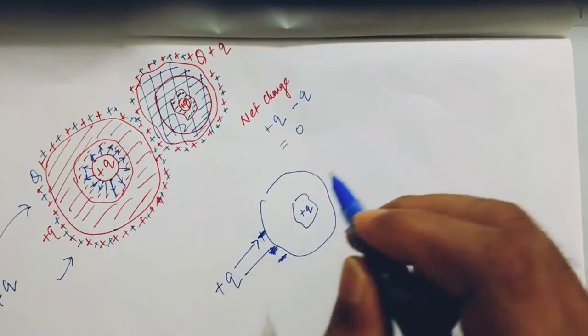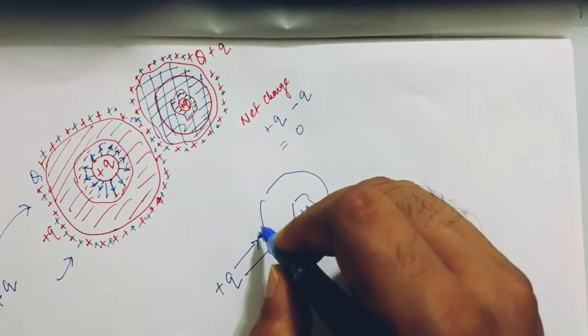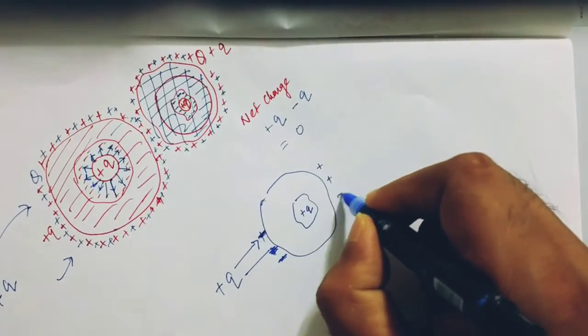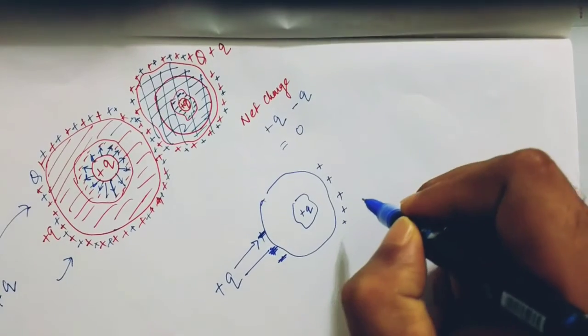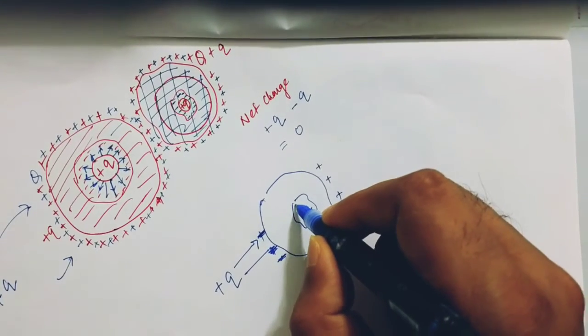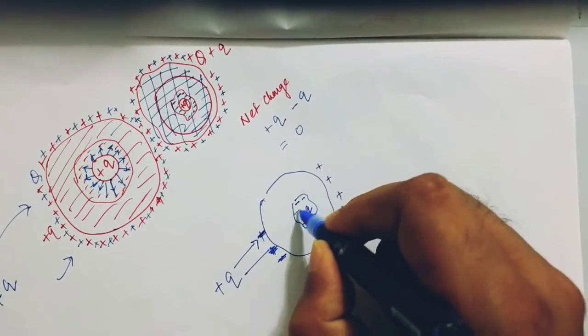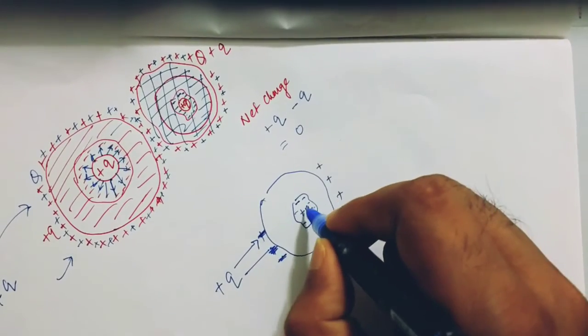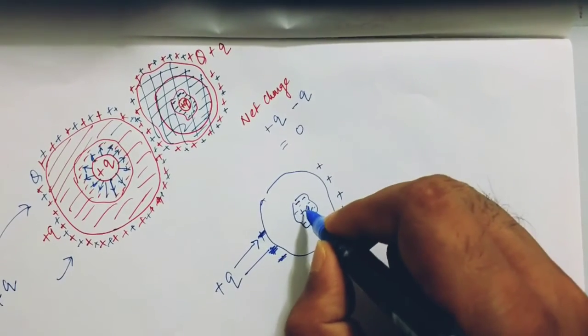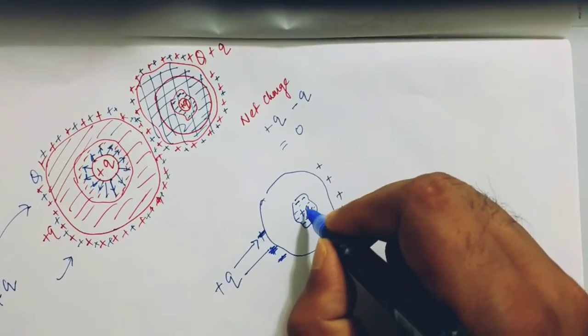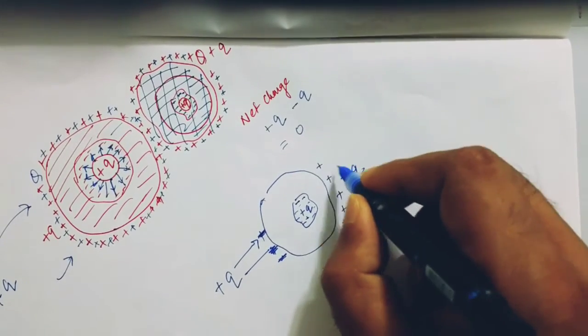Negative electrons will cluster on the inner surface, and this side will be maybe positive like this if it is induction, and this side will be negative, negative, negative.